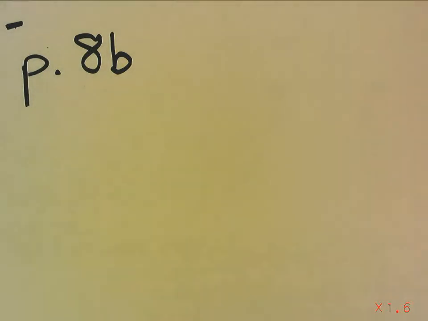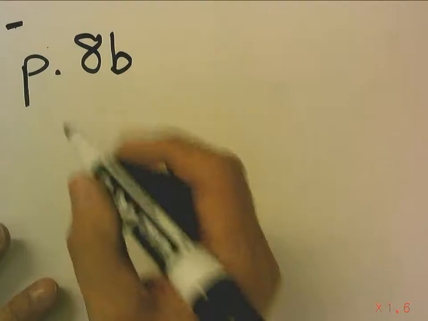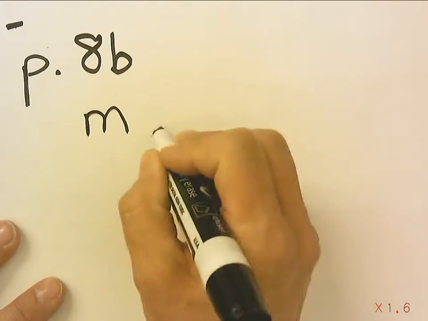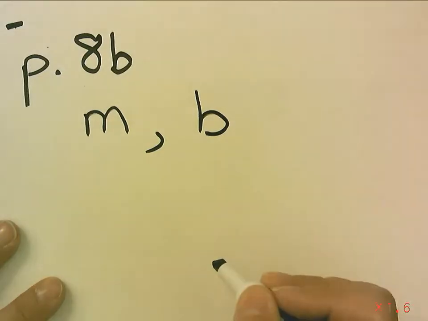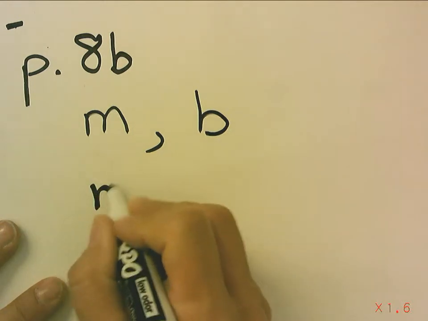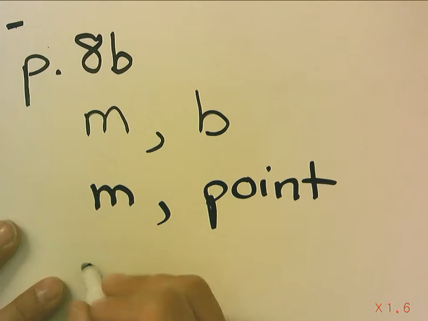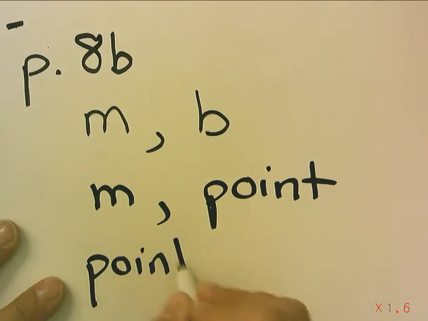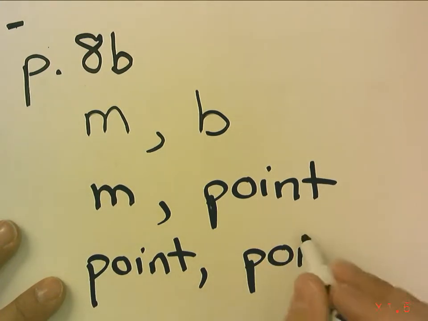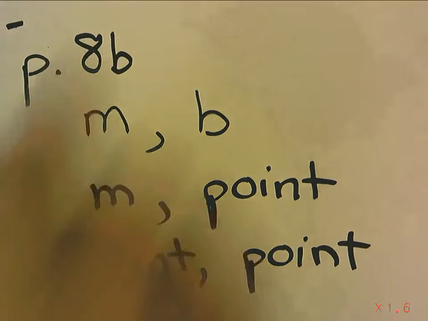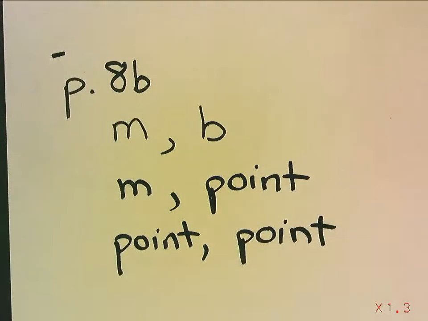Now, we learned in class that they're either going to give you a slope and a y-intercept, or a slope and a point, or a point and a point. In this particular case, they are giving you a point and a point.